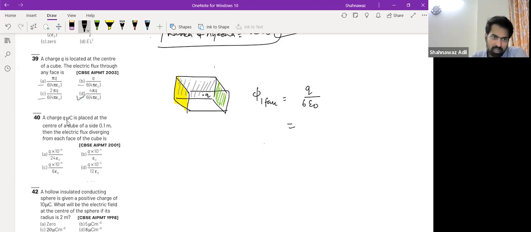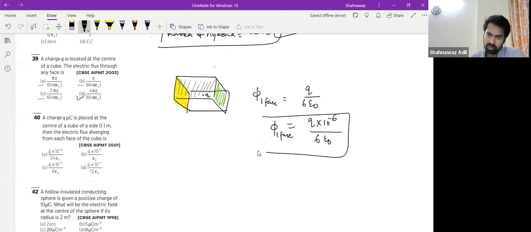And this q is in microcoulomb, so q into 10 to the power minus 6, divided by 6 epsilon naught. So this would be the answer. Quickly note down this problem.